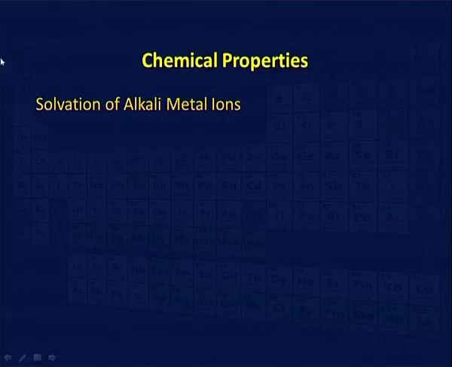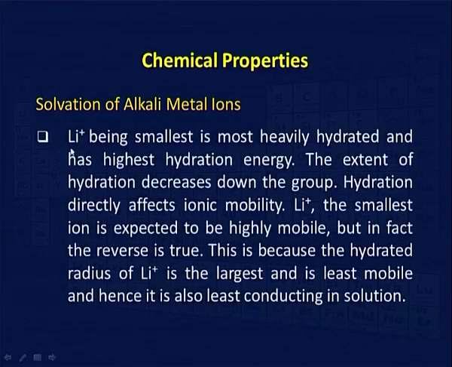Now, see here we are writing solvation of alkali metal ions, and I have already told you that lithium is smallest in size and is heavily hydrated. According to size, because lithium is the smallest, it should have the highest conductivity, since conductivity is related to the size of the ion.